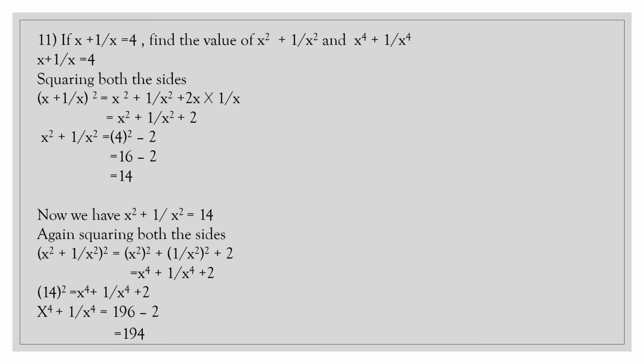Now coming to the last question of this session: if x plus 1 over x is equal to 4, you have to find the value of x square plus 1 by x square and x to the power 4 plus 1 by x to the power 4. Children, we begin with x plus 1 by x equal to 4.